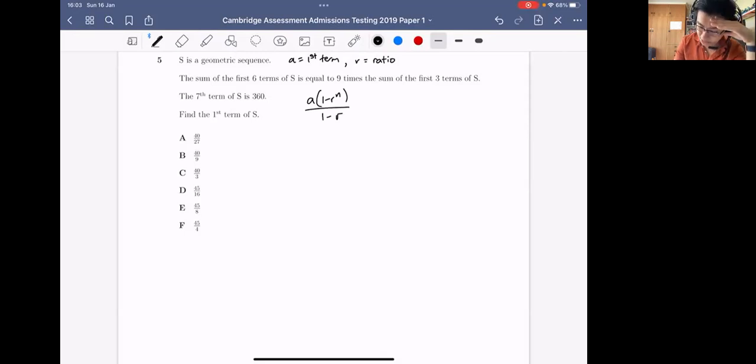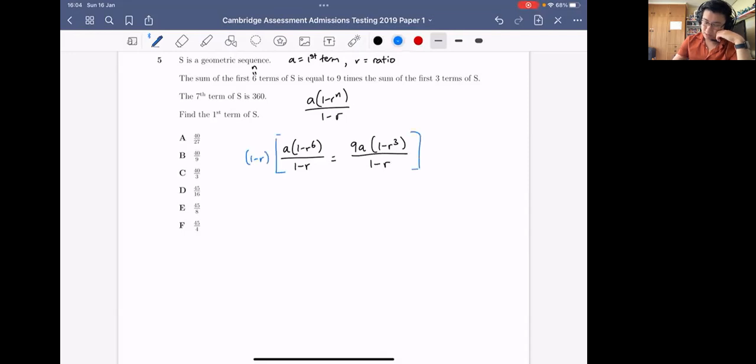Okay, so the first 6 terms, that just means A of 1 minus R to the 6, because here n is equal to 6. This is equal to 9 times the sum of the first 3 terms. Okay, so then we can multiply by 1 minus R on both sides so that these cancel, and divide by A as well, so that we get 1 minus R to the 6 is equal to 9 times 1 minus R to the 3.